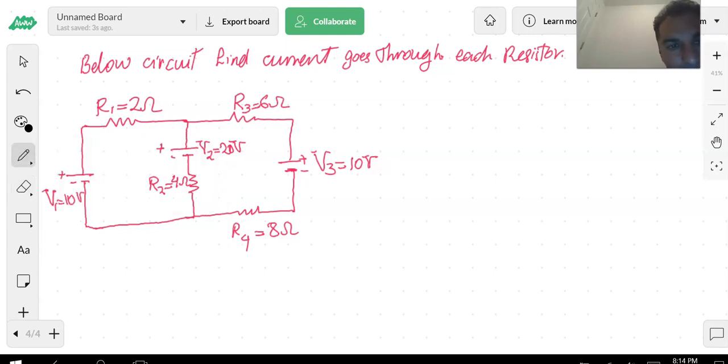I picked this one as I1, and then I picked this one as I2. You see I1 is this, I2 is this. So these are two inputs. They go, then they will flow. So let's pick this one as I3. Make sense?